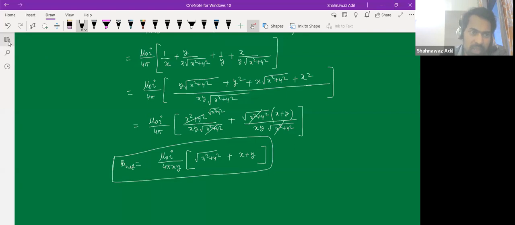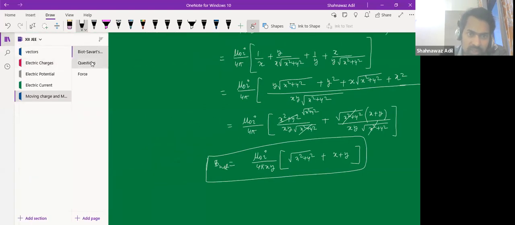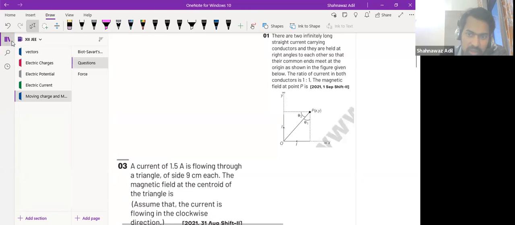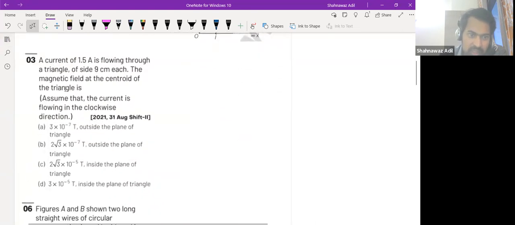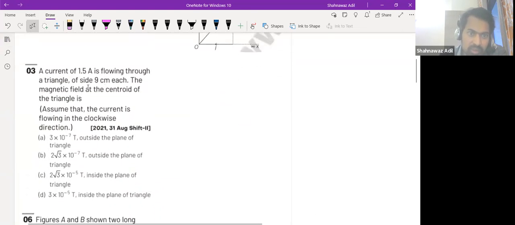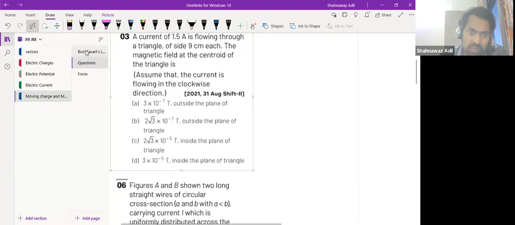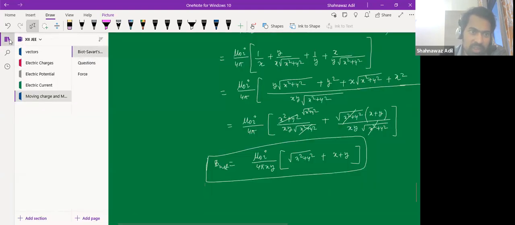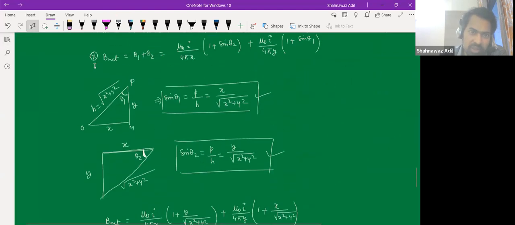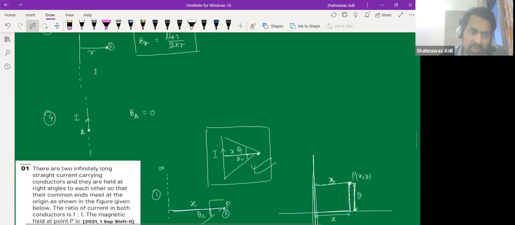Last one. Yeah, so the next question is this triangle, right? We have that triangle. Can someone show which thing, in the previous question? This was the previous question.